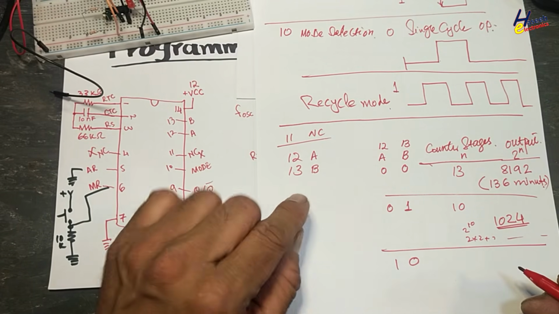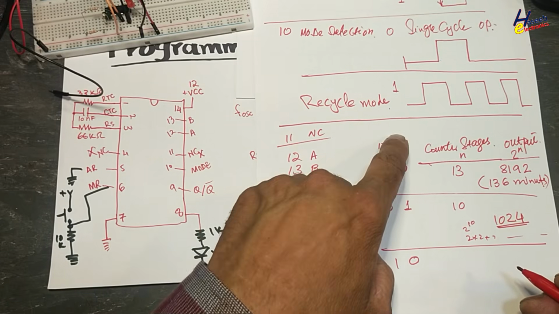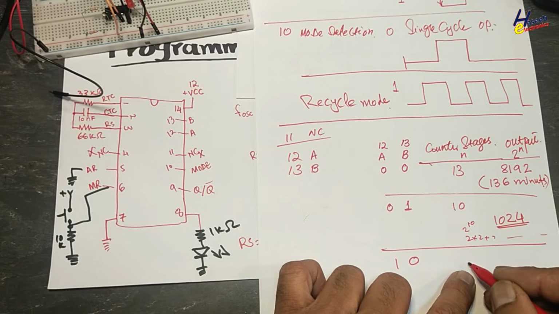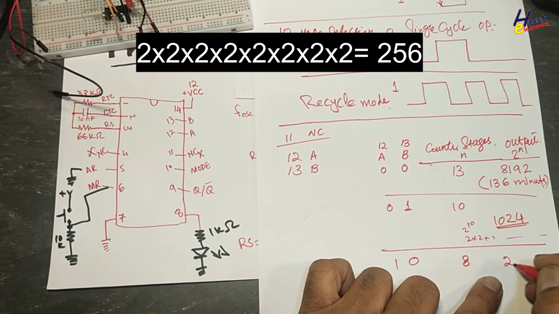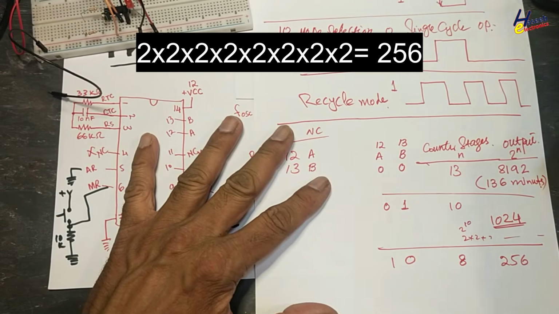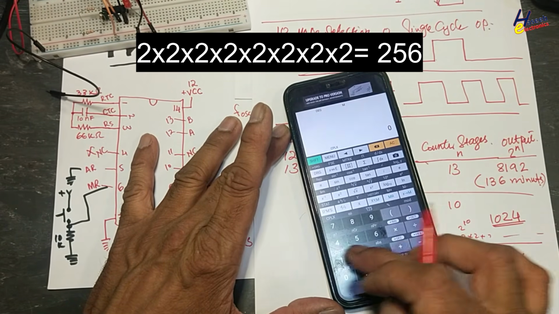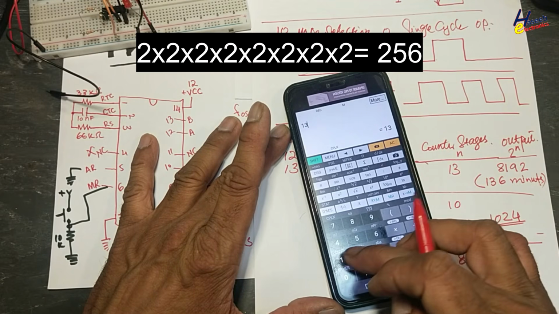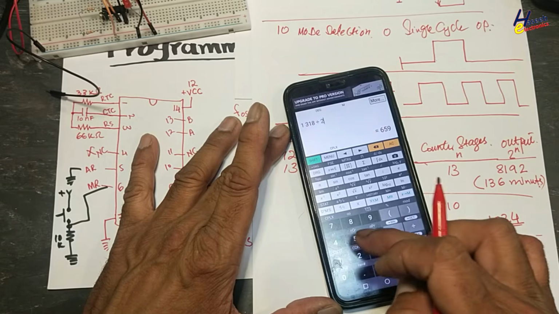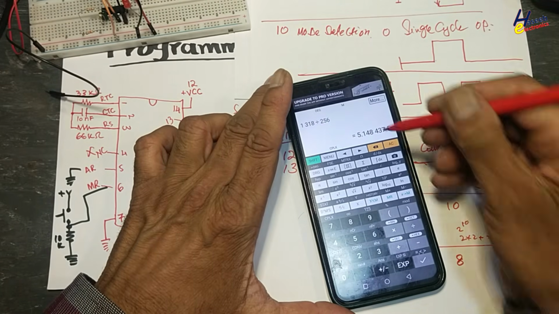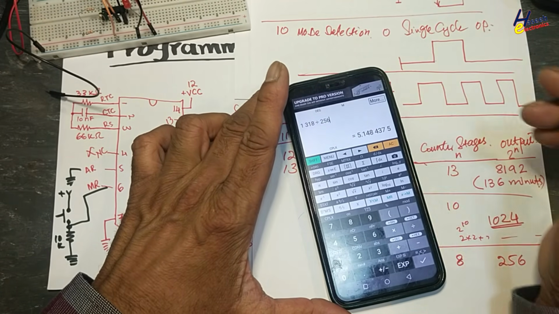Pin number 12 is high, pin number 13 is low, that time 8 counter stages will be used. 256 pulses. If you provide 1318 Hz divided by 256, the output frequency will be 5.1 Hz.